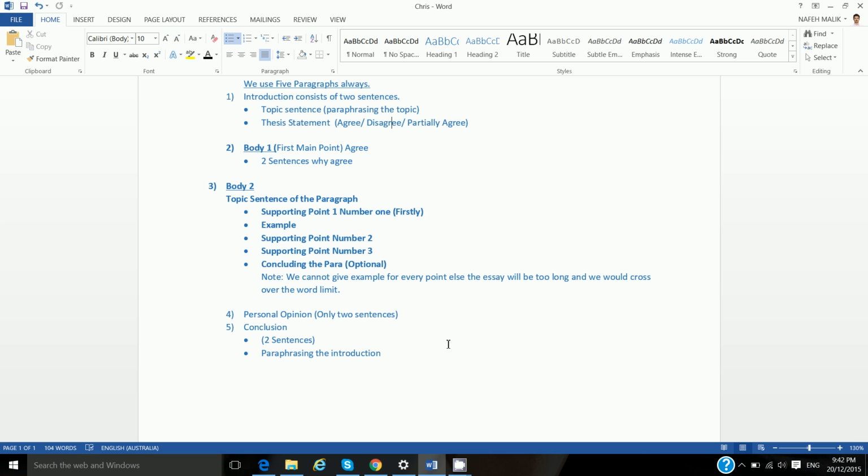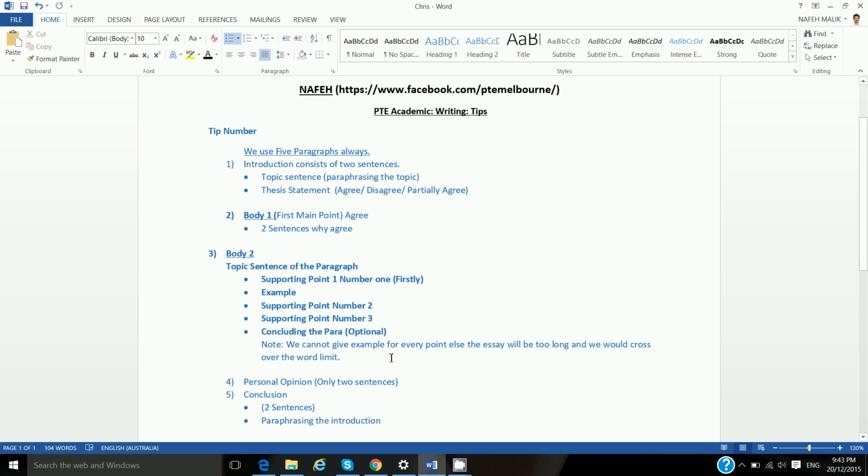That is sentence number two for the conclusion. So use this pattern and develop a sentence for each, the way I've told you, and you will see that you can easily write between 200 and 300 words.